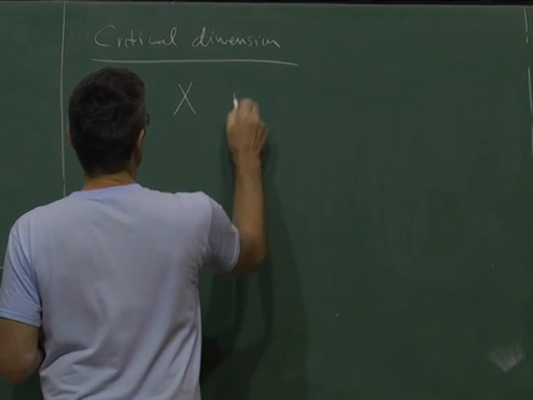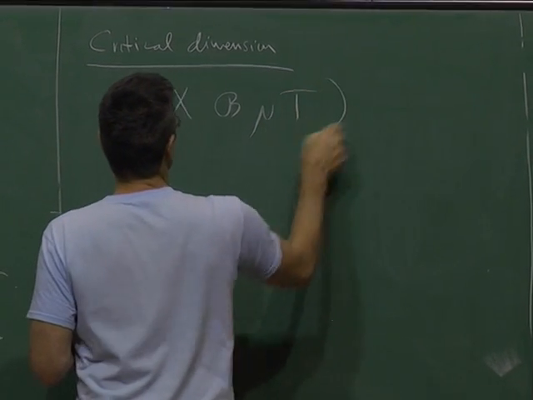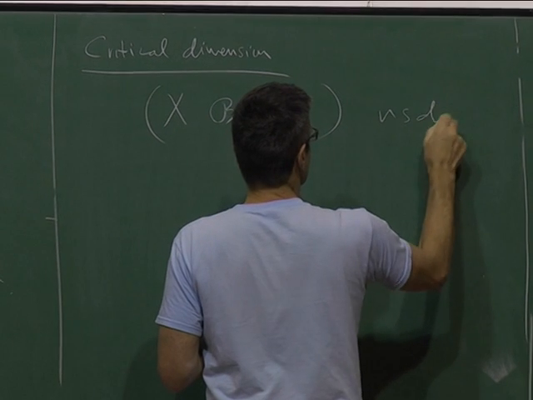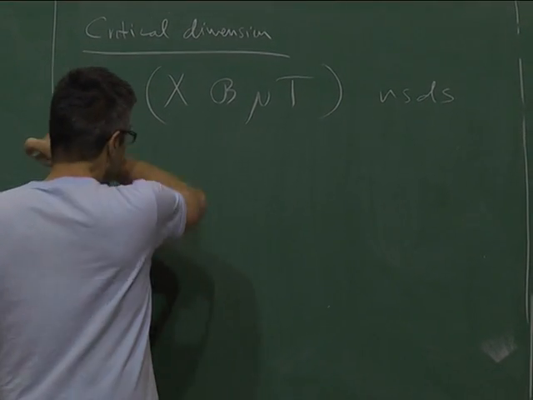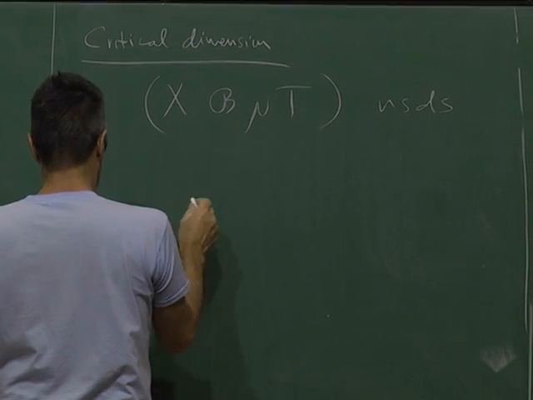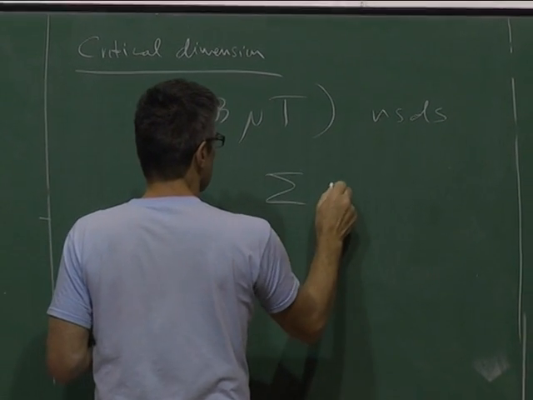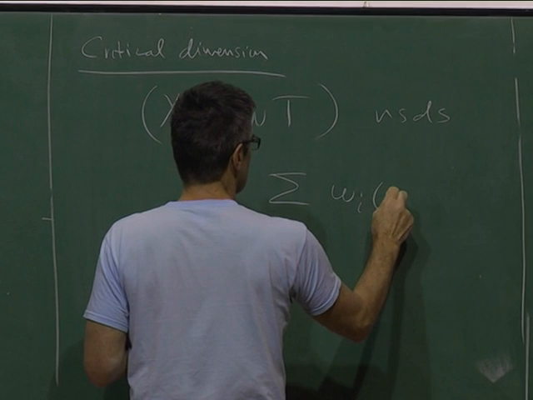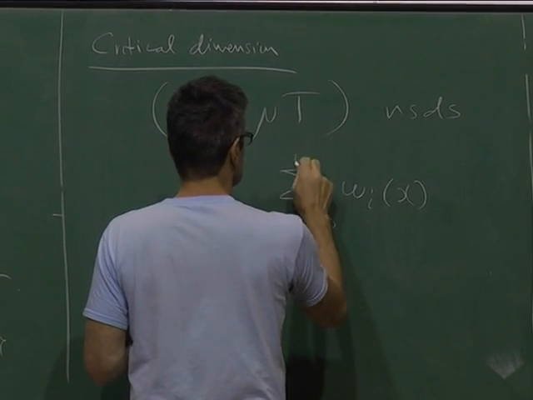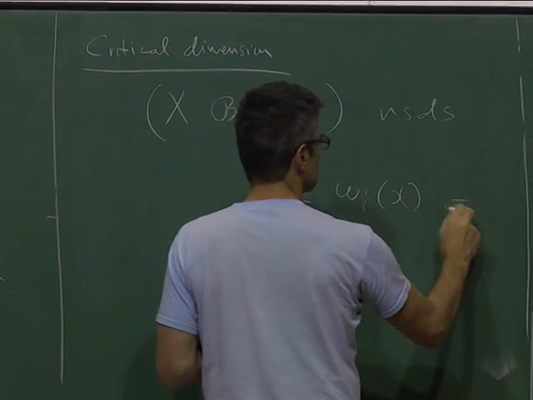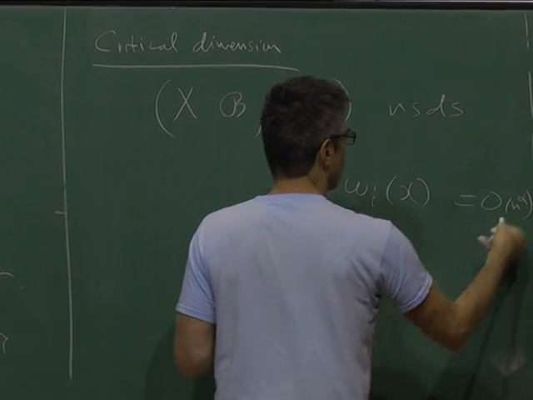So let's start with our usual (X, B, mu, T), non-singular dynamical system. So the idea is, what can you say about the rate of growth, can I say that equals order of n to the alpha?